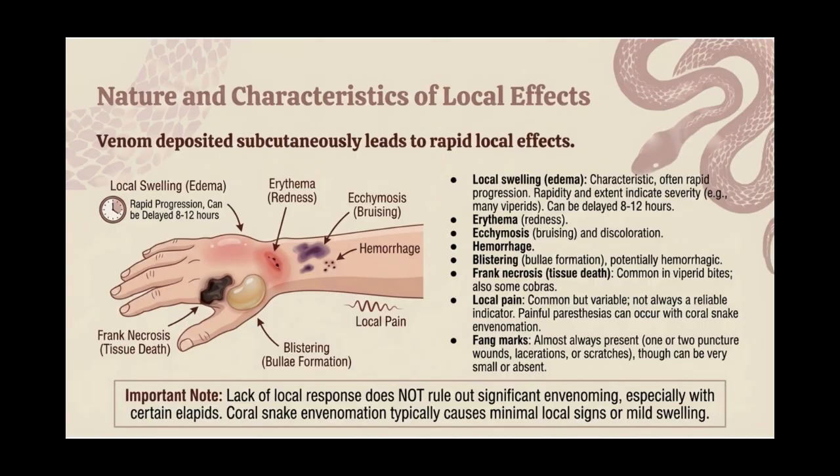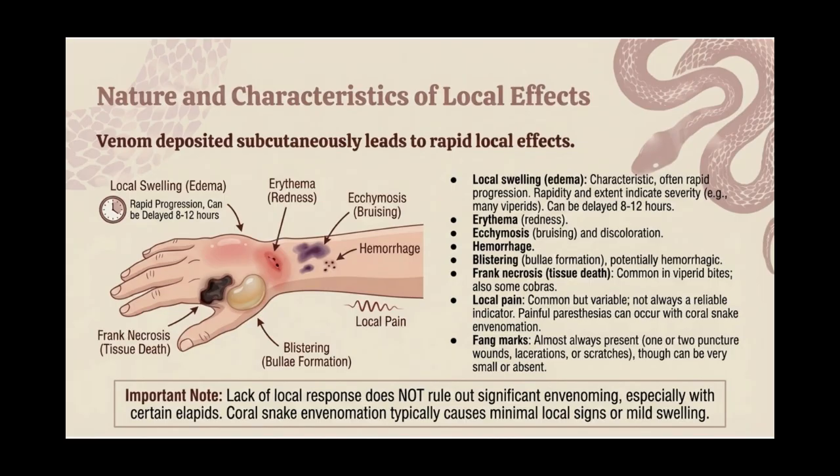However, its variability means it is not always a reliable indicator of significant envenoming. Additionally, some envenomations from the Texas coral snake may be characterized by painful sensations known as paresthesias. It is important to recognize that fang marks are almost always present in snakebite cases.